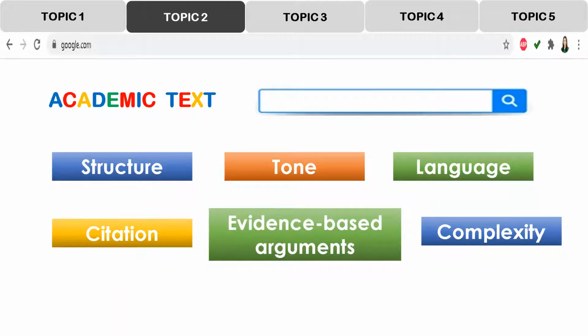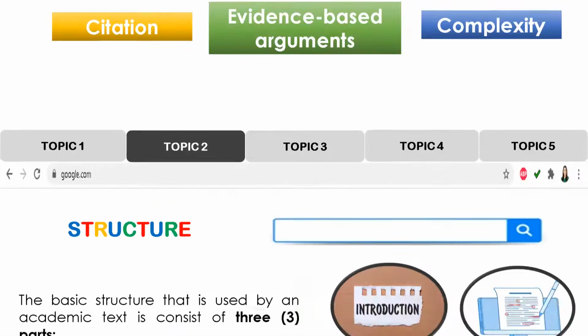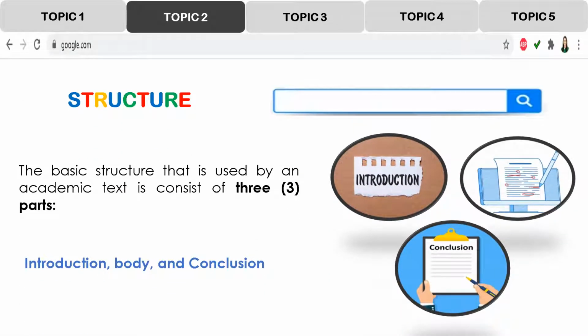About the structure, tone, language, citation, evidence-based arguments, and complexity of academic text. Are you following? Great. Let's move to the next slide. The basic structure that is used by an academic text consists of three parts.